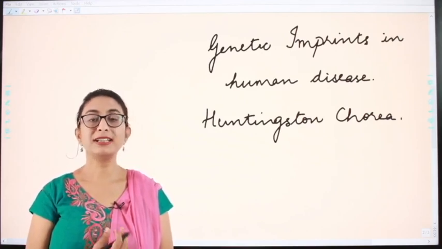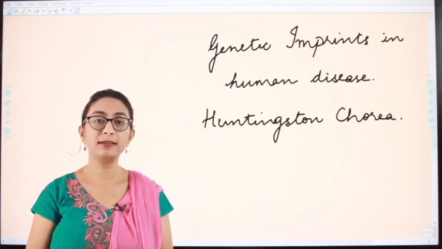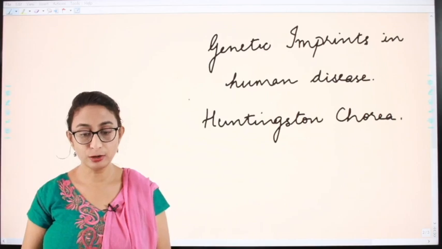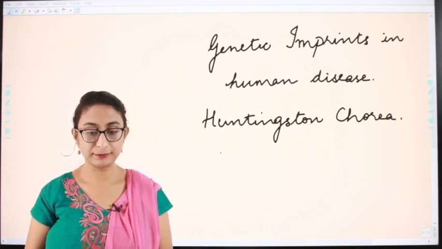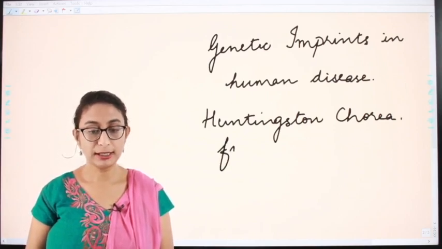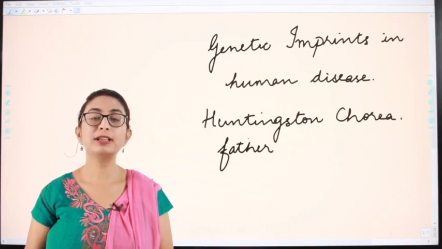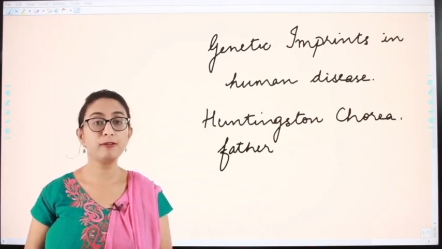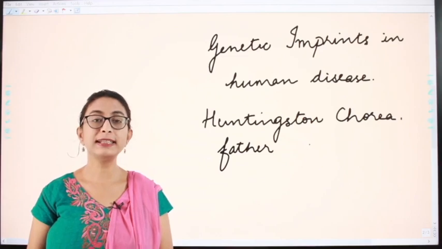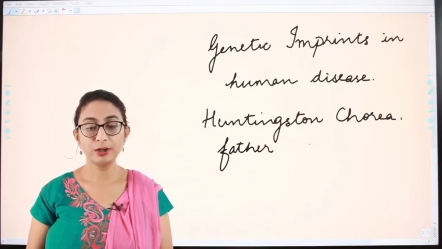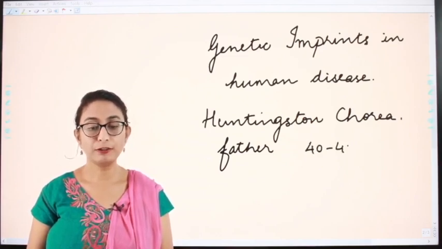If the gene for this disease comes from the father, then you will get the disease at the age of around 40 to 45 years. If you are getting the gene for Huntington chorea from your father, you will see the onset of this disease when you are around 40 to 45 years old.